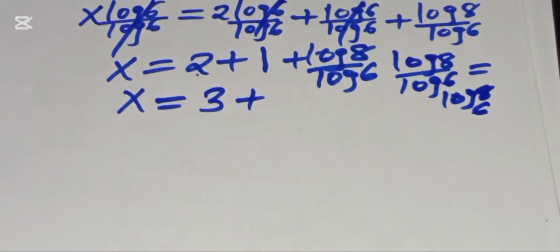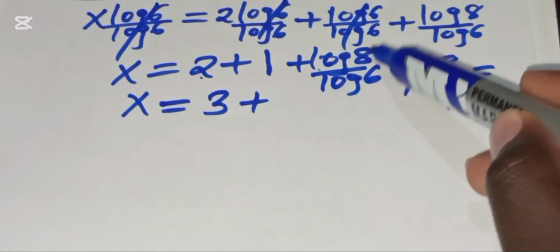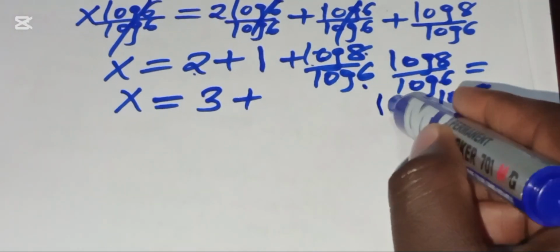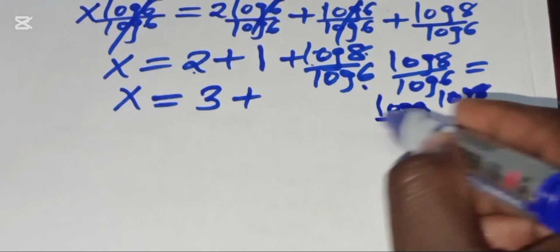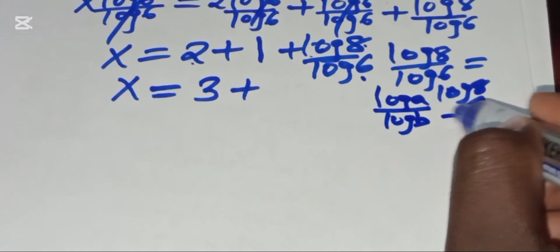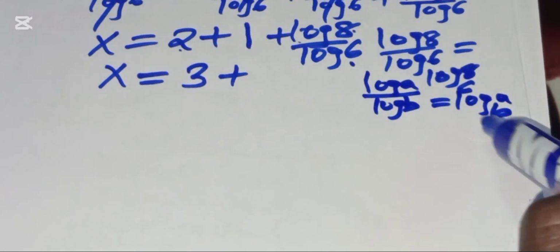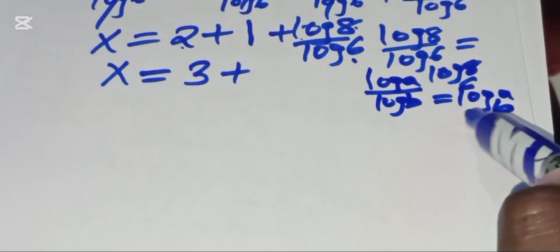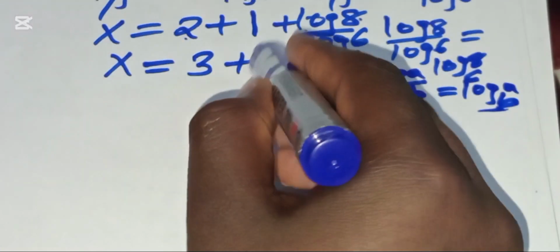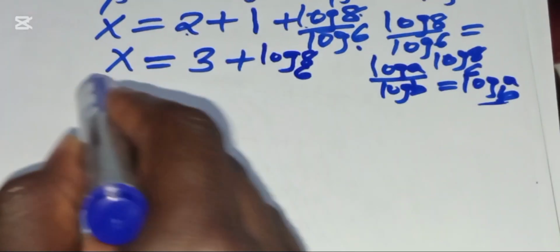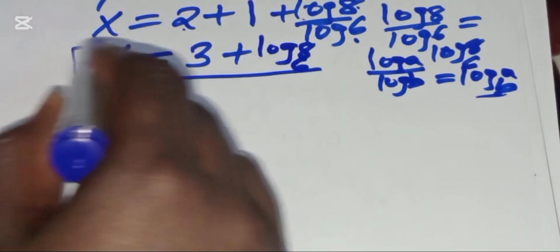So we are saying that log 8 divided by log 6 is in the form of log a divided by log b, which you can express as log a to base b. If we express using this property, this is the same thing as log 8 to base 6, and this is the value of x.